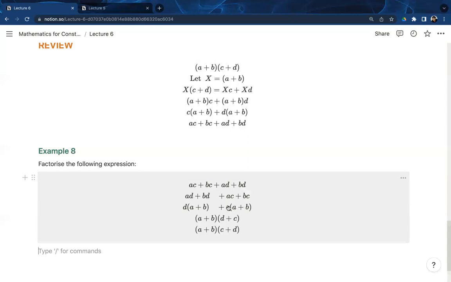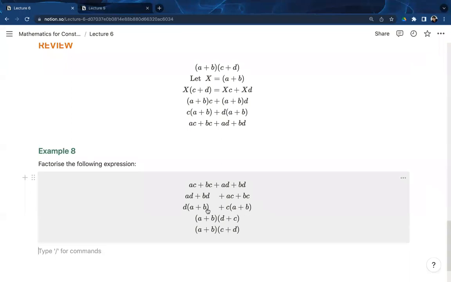Is it possible to get something by A plus B in the other two terms? Yeah, those two terms are C terms, so you could factorize the C to get C into A plus B. Now I have A plus B and A plus B, and I could factorize again.